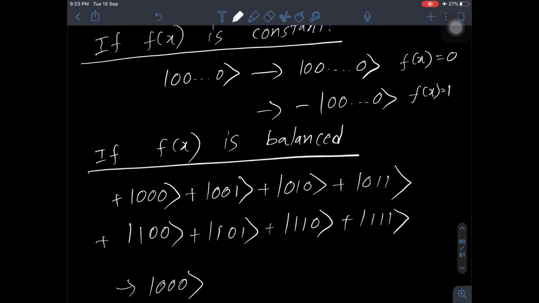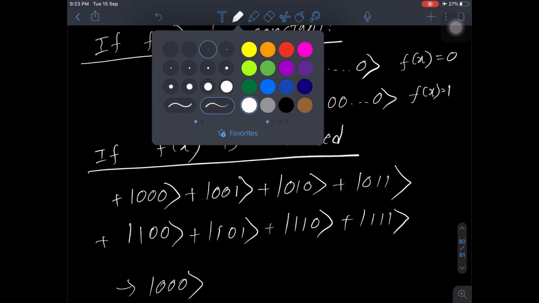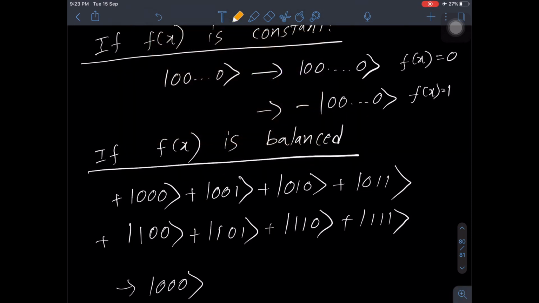If f of x was equal to 1, let me use a different color for that, then you will get a minus sign for each base. Minus, minus, minus, minus. Then if you act with Hadamard gates n times, what you're going to get is a minus sign before, but you're still going to get zeros, and this is a global phase, so this is not a problem for us.